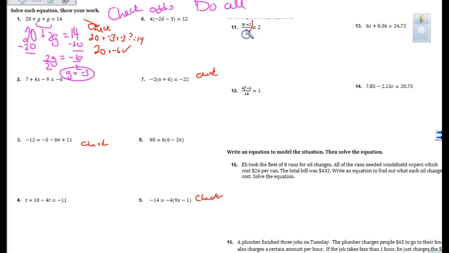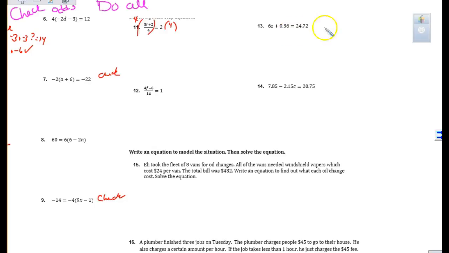If I look at number 13, what could I multiply everything in 13 by so that I don't have any decimals? What number could I multiply every single thing by so I have no decimals? 100. Do that. Make this into 600Z plus 36 equals 2472.